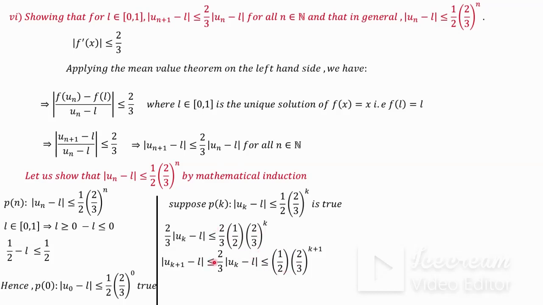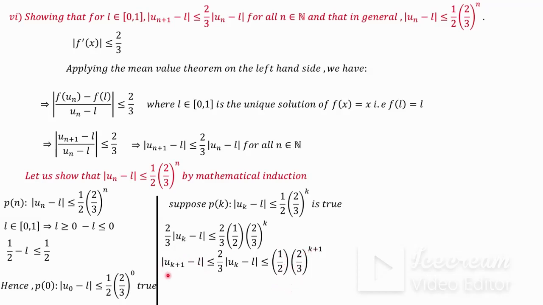But 2/3 times 2/3 raised to the power k gives us 2/3 raised to the power k plus 1. Since the absolute value of u_{k+1} minus L is less than 2/3 times the absolute value of u_k minus L, which is less than or equal to a half times 2/3 raised to the power k plus 1.